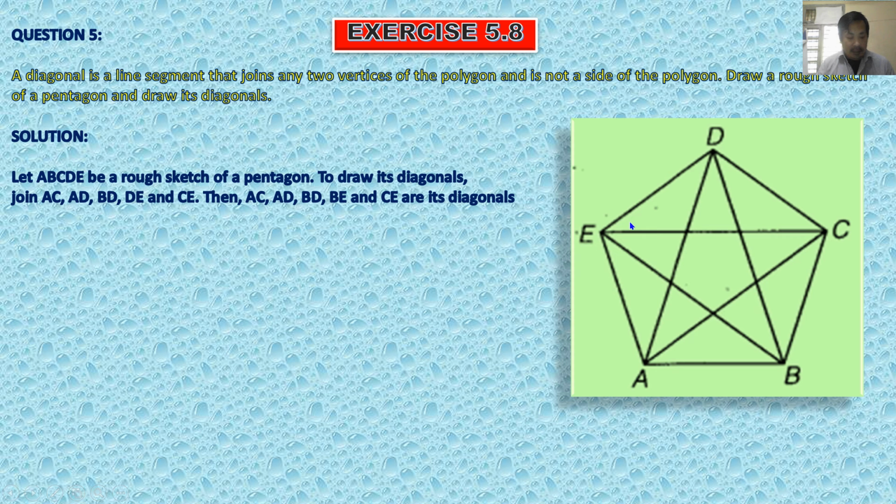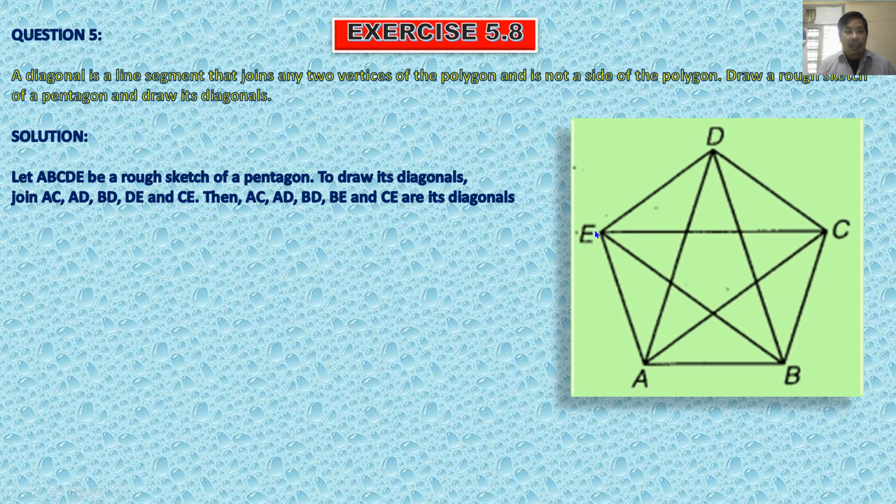So here we have a little thing to do. Students, just come back here once again: join AC, AD, BD, and this is not DE, it is actually BE. Okay, BE. We have to join BD and BE, and CE.